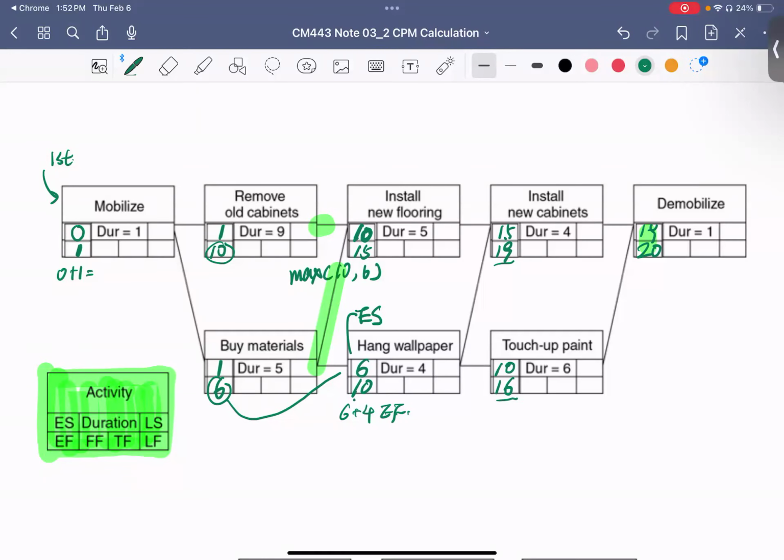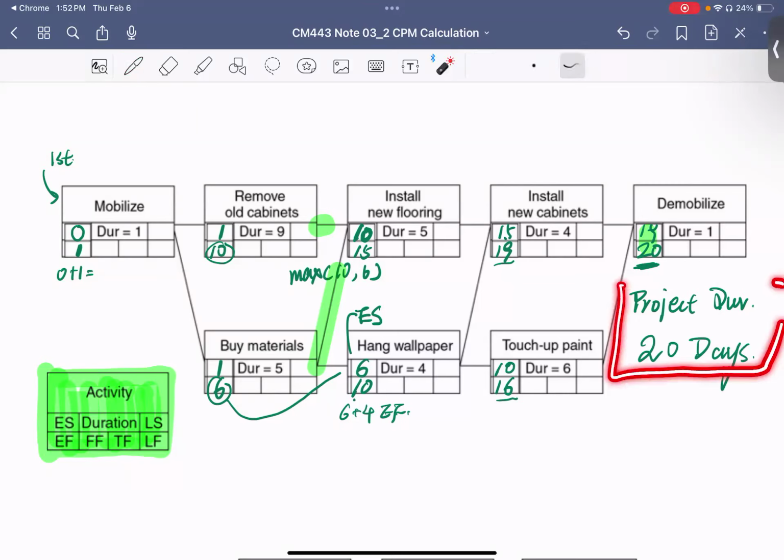So now we have finished what we call the forward pass. Now you have your project duration equal to 20 days. Don't forget to write in the days. There are two statements: one is the project duration statement, another is the critical path statement.